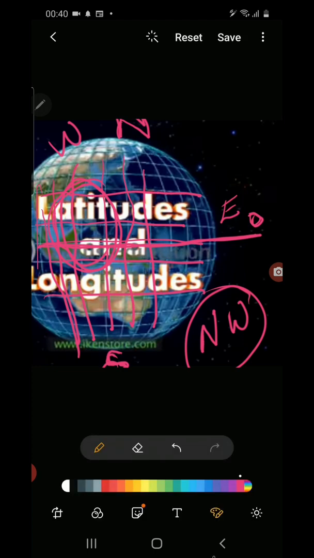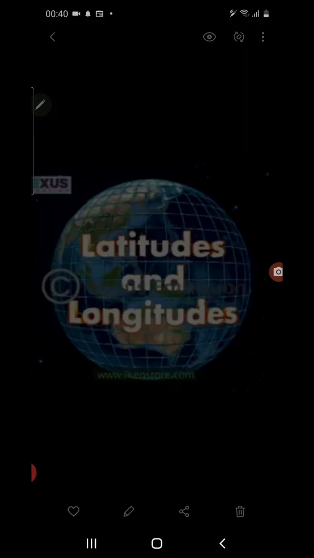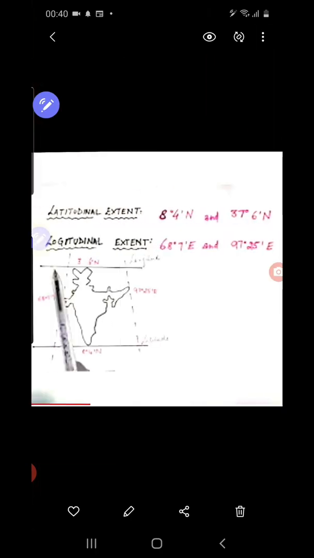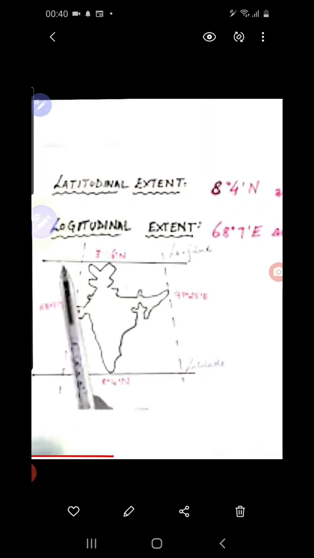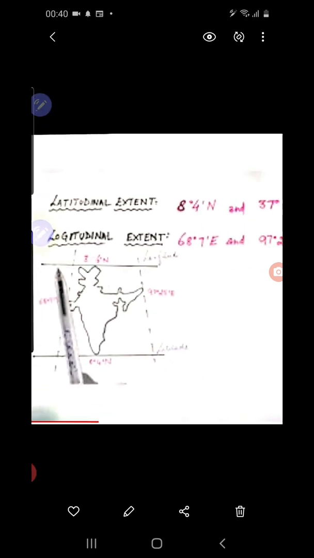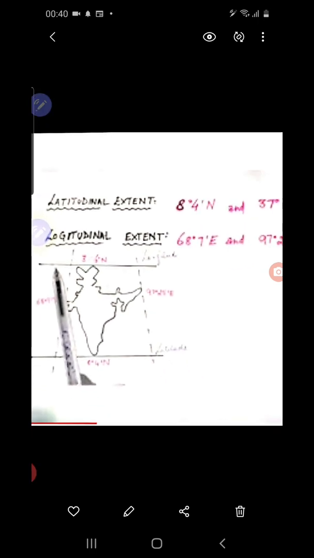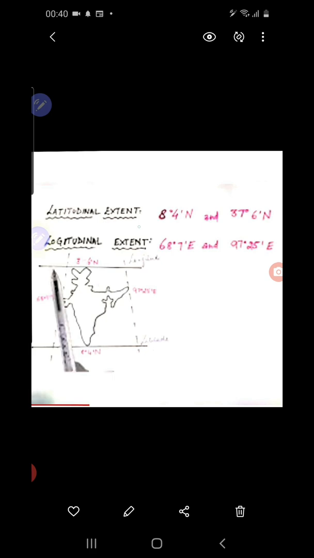So now let's see the latitudinal extension of North America. Before that, we are living in India, you know that. So let's see the latitudinal and longitudinal extent of India. It says the latitudinal extent is 8 degree 4 minutes north and 37 degree 6 minutes north.